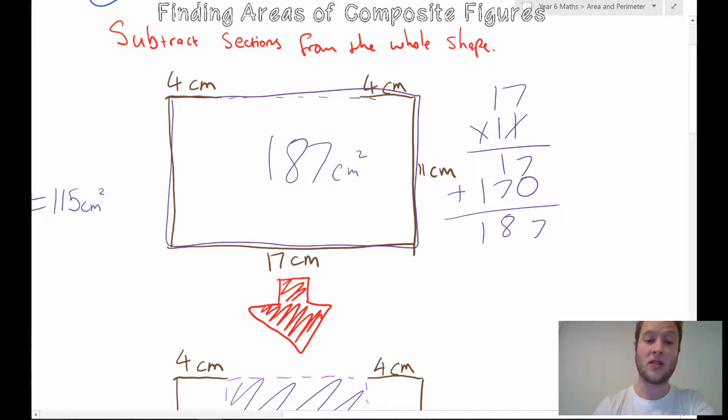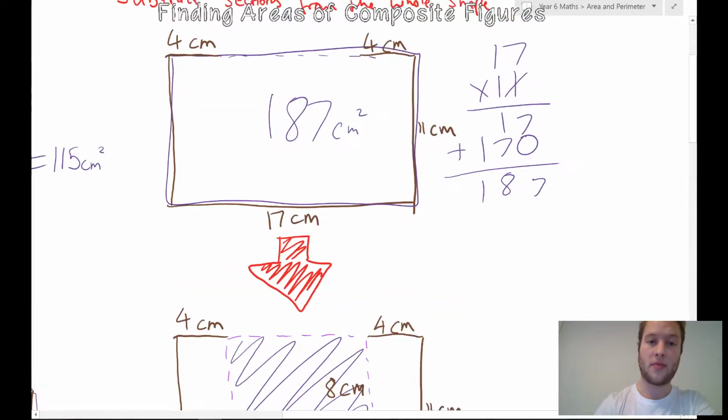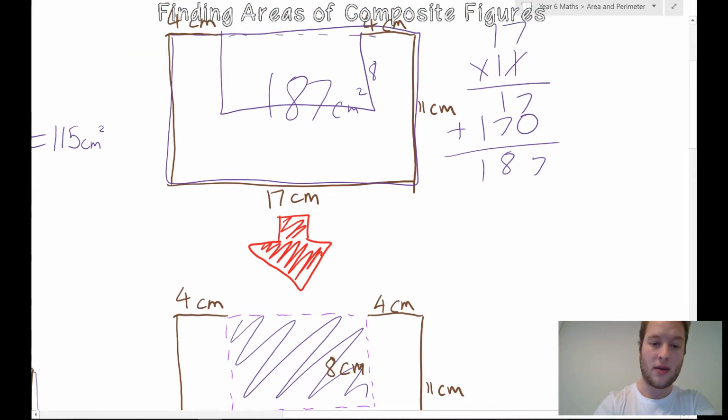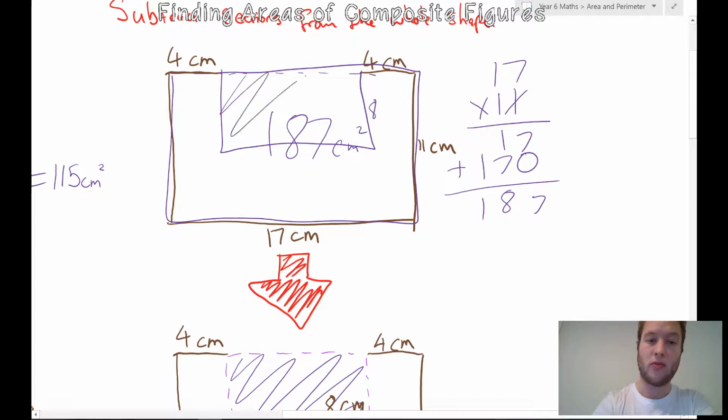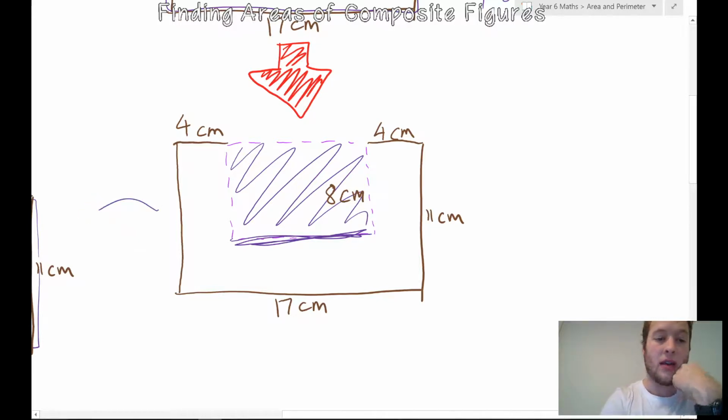That's not the answer though, because we need to now remove the little section. Yeah? Because remember, we had here, here, here, and that was an 8, wasn't it? So we need to remove it to get the answer, okay? So let's do that. So we're going to need to know, well, what is this line here first? So we actually already worked it out over there, but let's do it again.